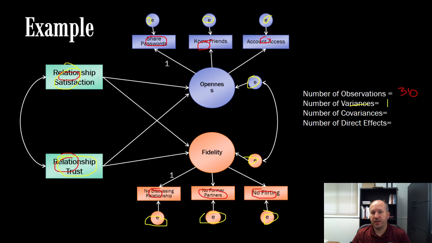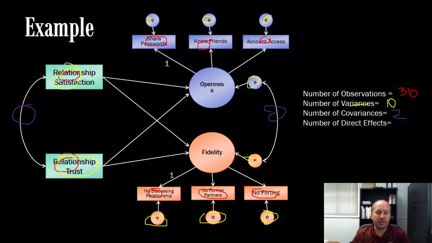So we have 10 total variances. The next thing we're going to do is total up our total number of covariances. So our total number of covariances is going to be our double-headed arrows, our correlations in here. So we have 1, 2 of those because we have the error terms between our latent variables correlated with each other here.